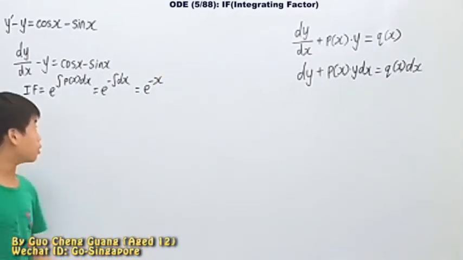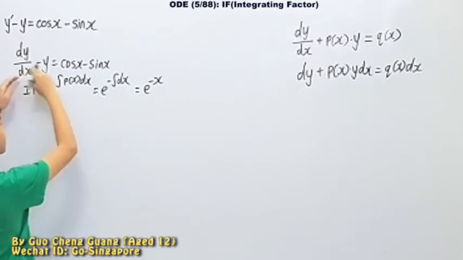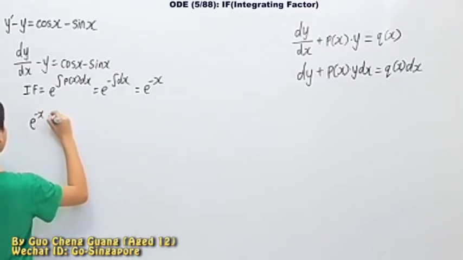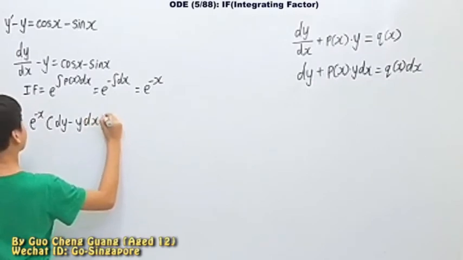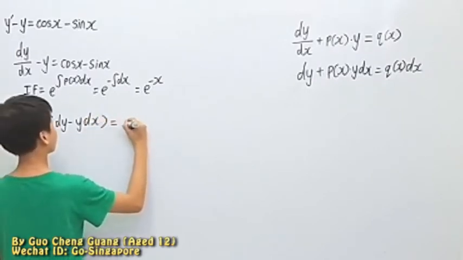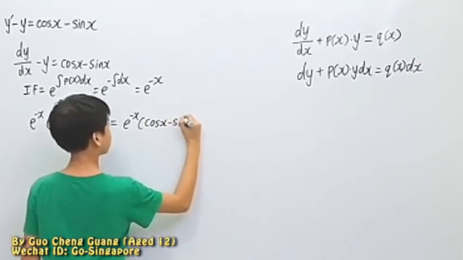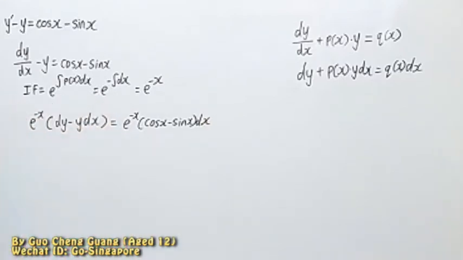Now we times it on both sides. At this part, when we times it on both sides, we can also times dx on both sides at the same time. So it becomes like this.